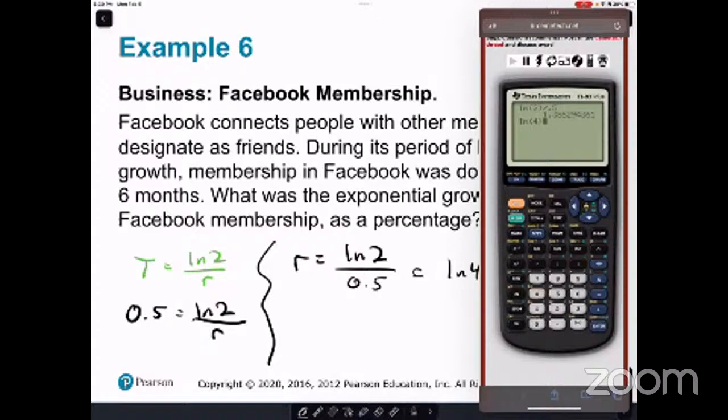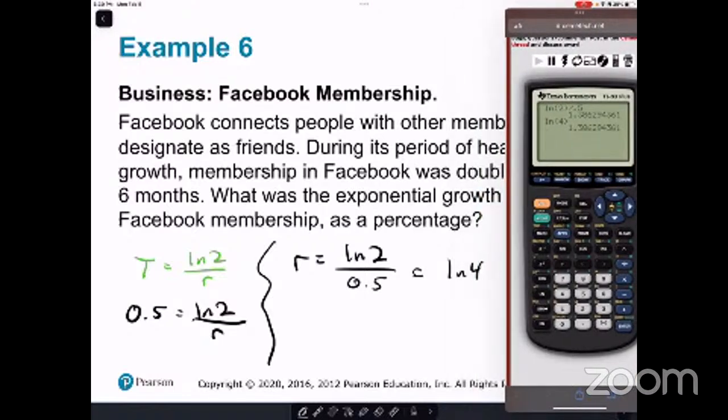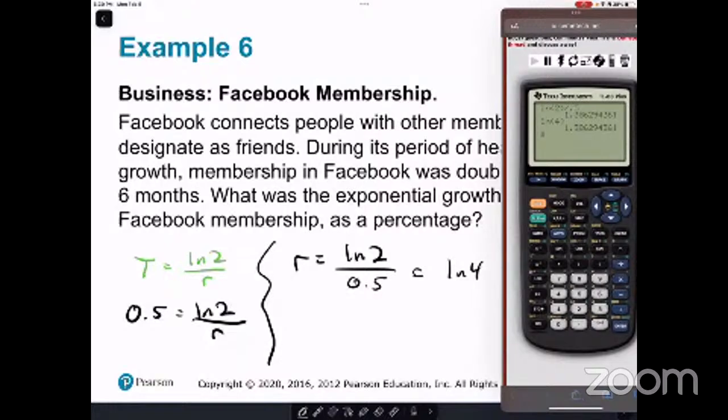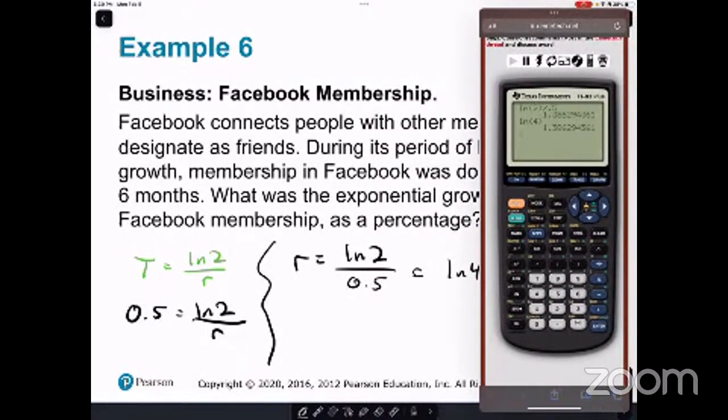Let me see. That's as a decimal. So what, we move it to the left 2 spaces? Wait a minute, am I getting it backwards? Because normally they give it to us as a percent. We move the decimal to the left twice. So I think we might actually need to move it to the right by twice, by 2 points.